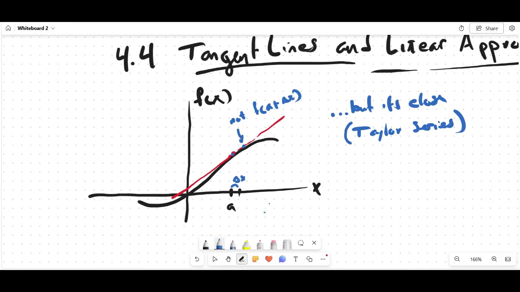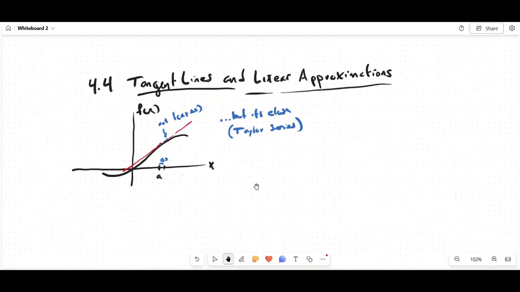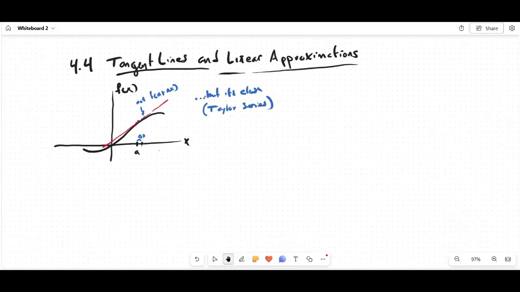So in particular, differential calculus gives rise to a family of techniques for making approximations, which is huge in particular if you're doing things like numerical analysis or you're using your calculator to figure out the sine of something and so on. Using computers to approximate things relies heavily on ideas like Taylor series and tangent lines.